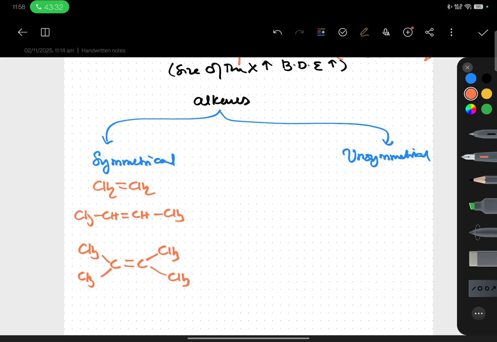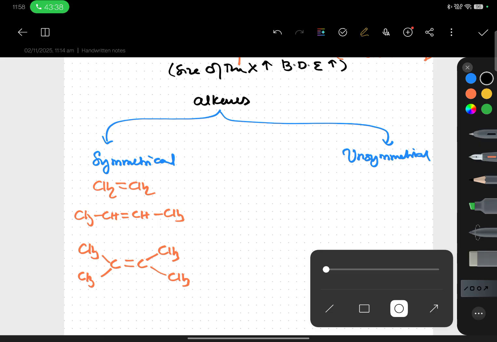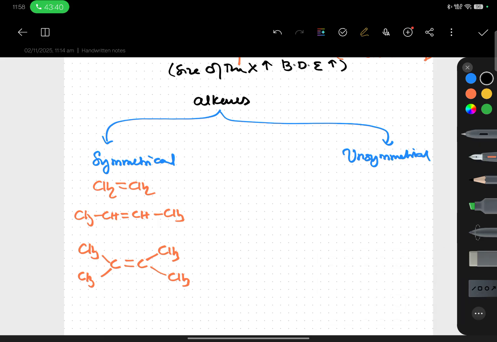These are all symmetrical alkenes, where on both sides of the double bond the same group will be there. If you just draw an imaginary line like this, you will find the same groups on both sides.